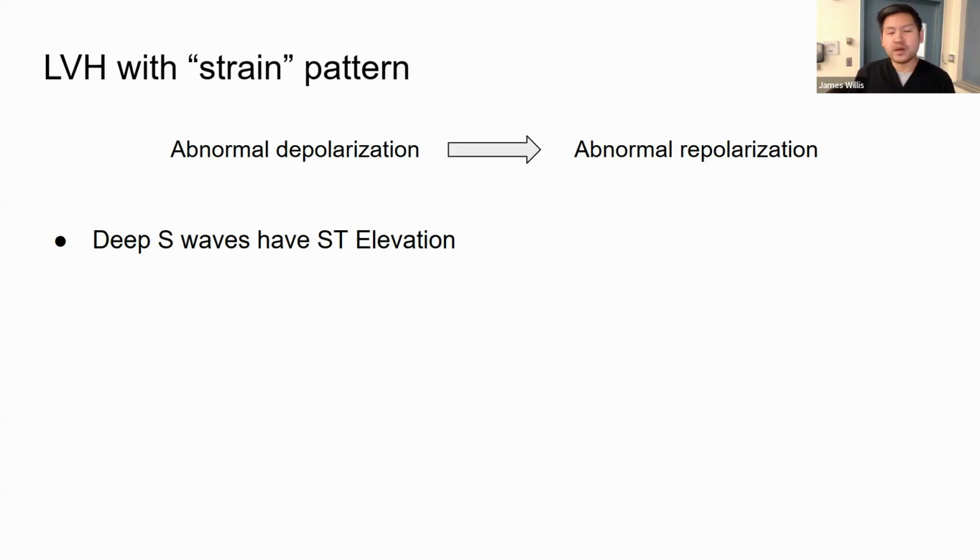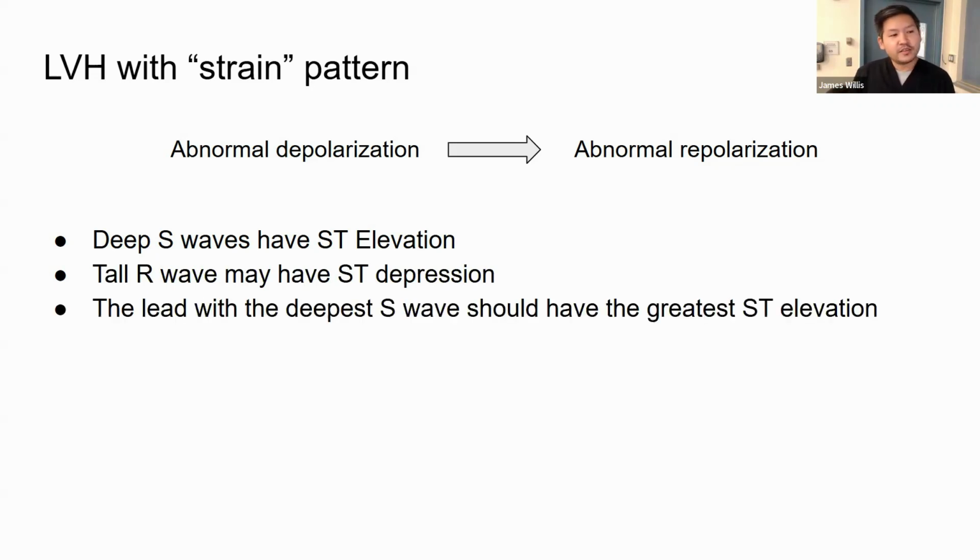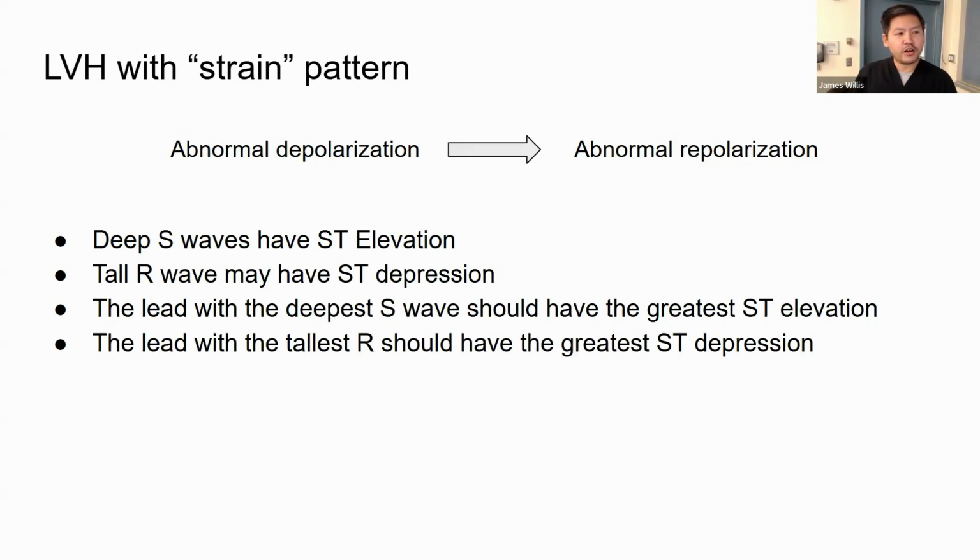Basically, wherever you have deep S waves, downward QRS, you're going to have ST elevations. Opposite directions. When you have tall R waves, you're going to have ST depression. Technically, the deeper your S wave, the taller your ST elevation, and the taller your R wave, the greater your depression is.